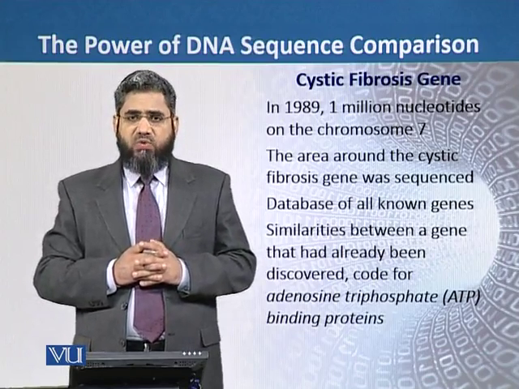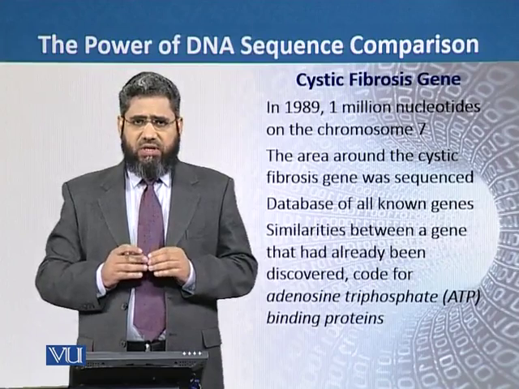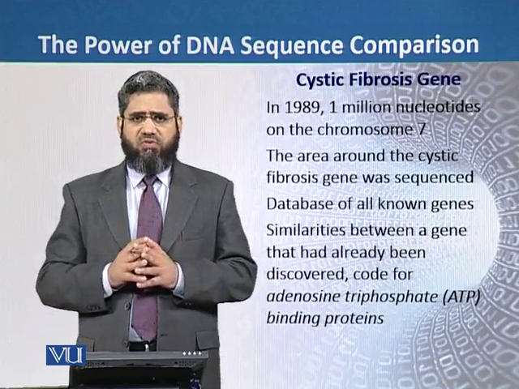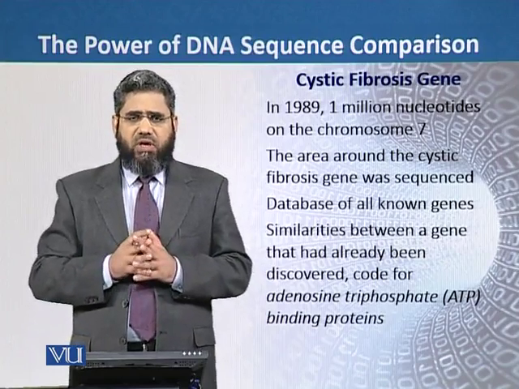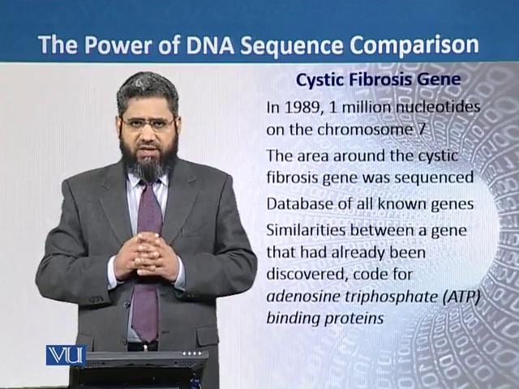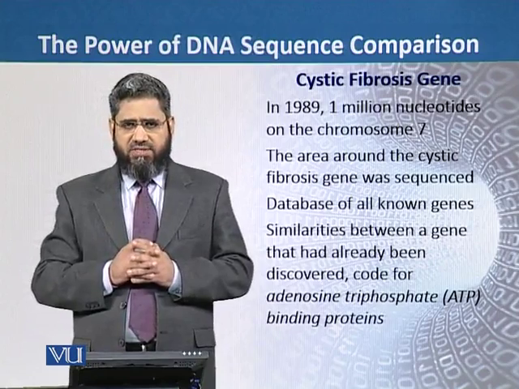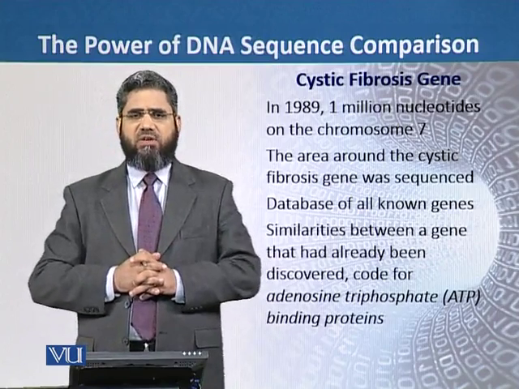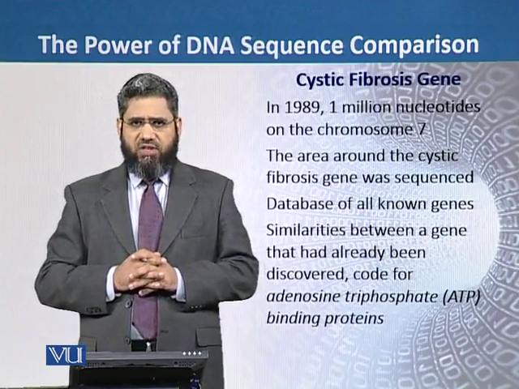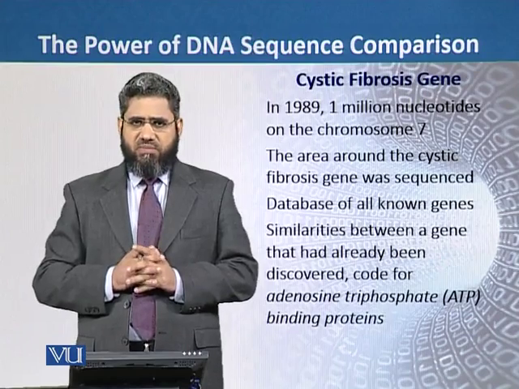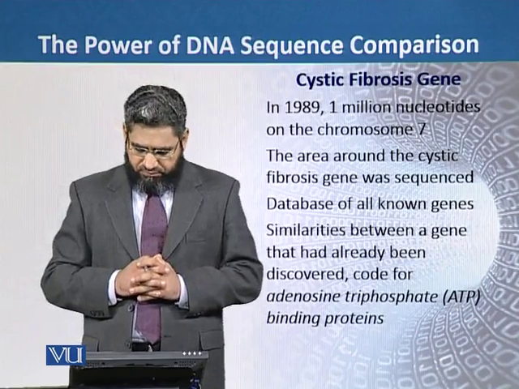The strategy was sequence comparison of the sequences of 1 million nucleotides in which the cystic fibrosis gene was suspected to be present, and the sequence of these nucleotides was compared with the already known genes at that time.